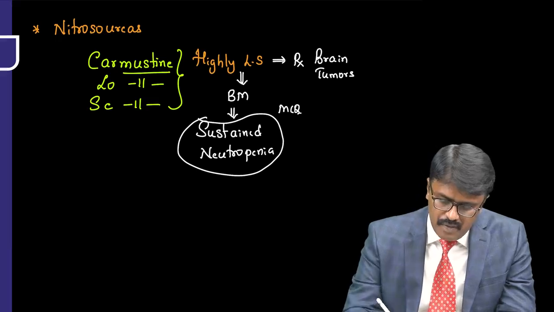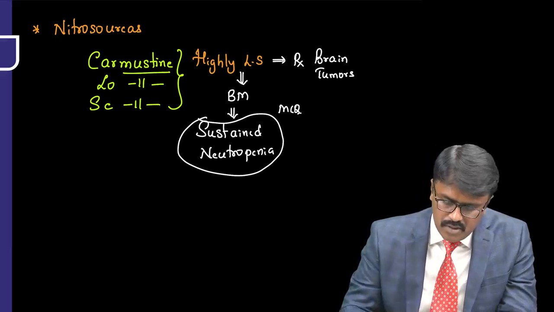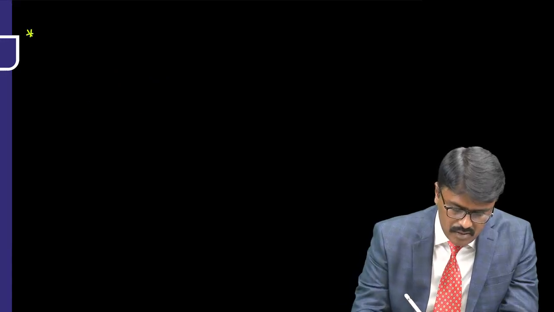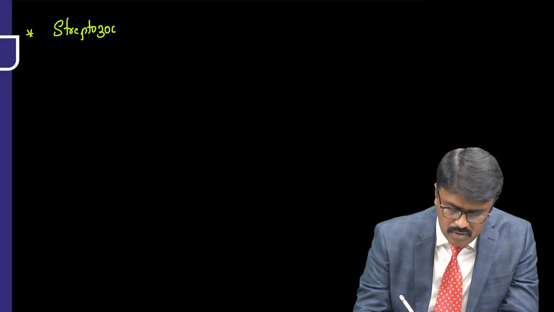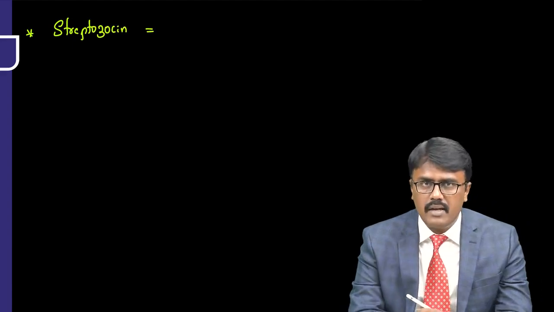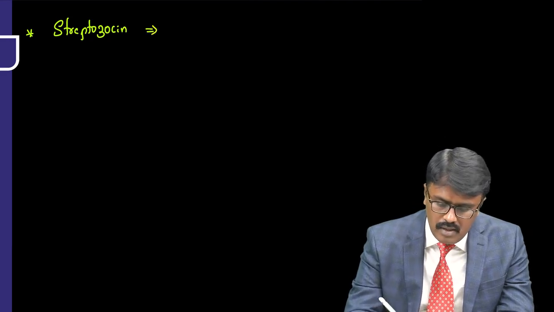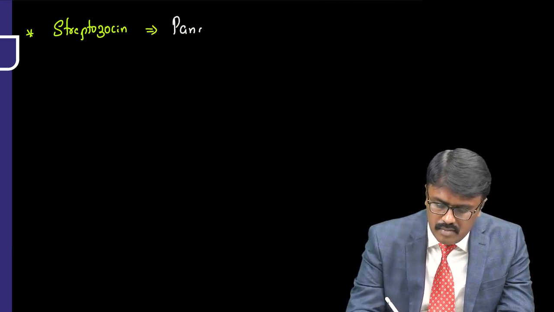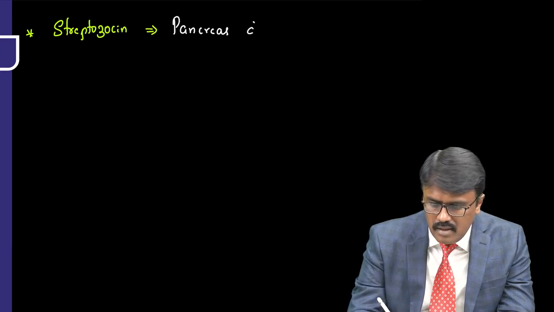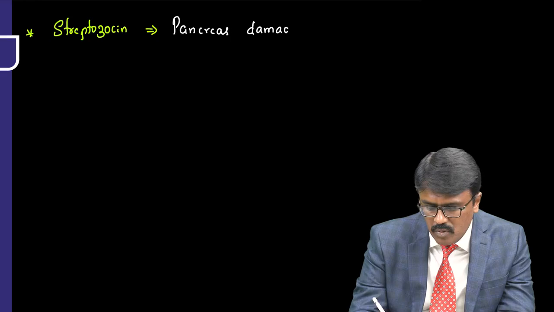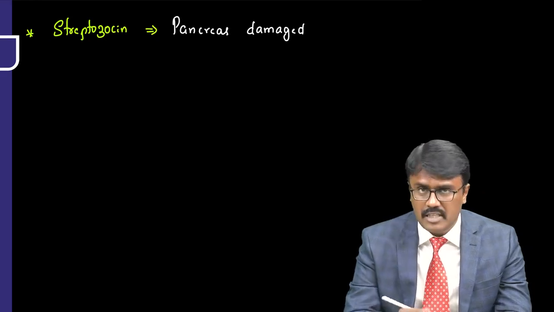Then we have a drug by the name streptozocin. Streptozocin gets attracted to the pancreas, so it can go and damage the pancreas. So we use it in experiments.